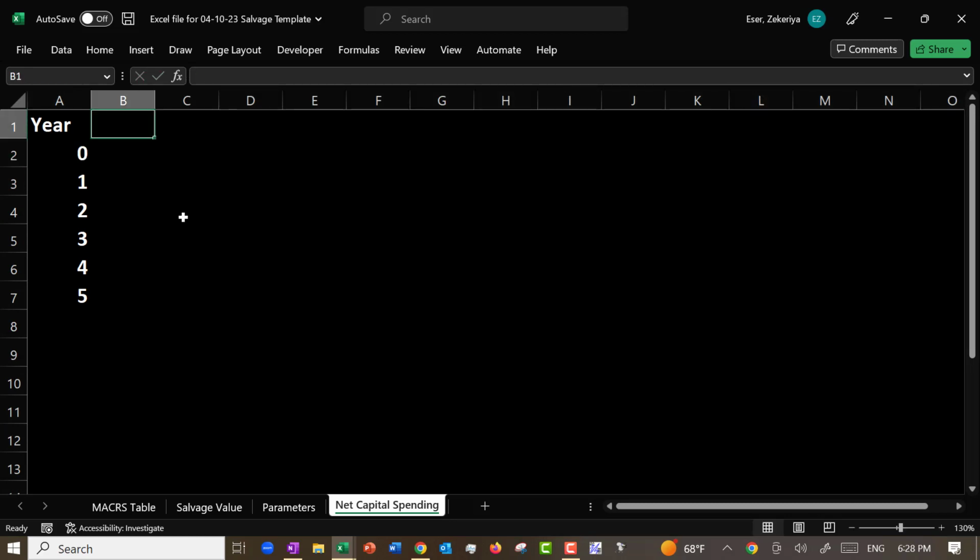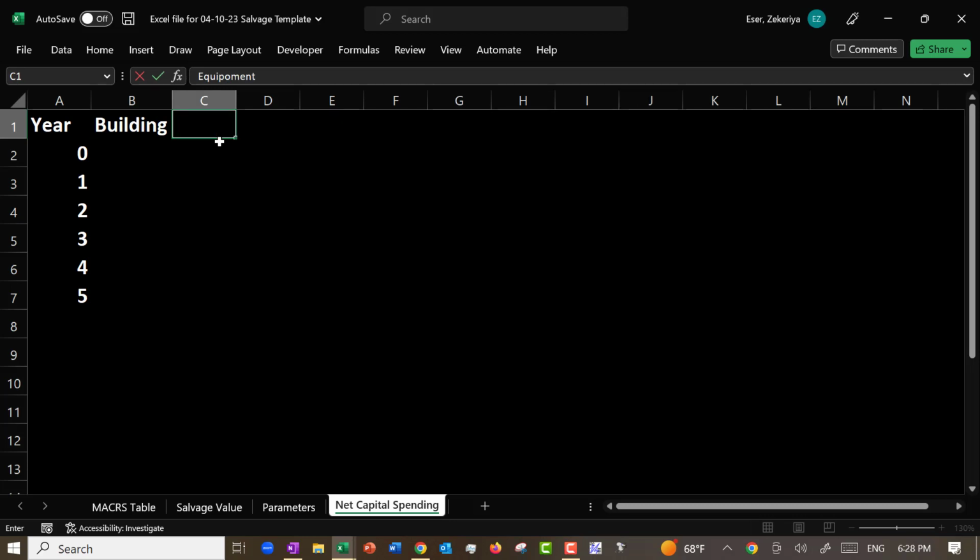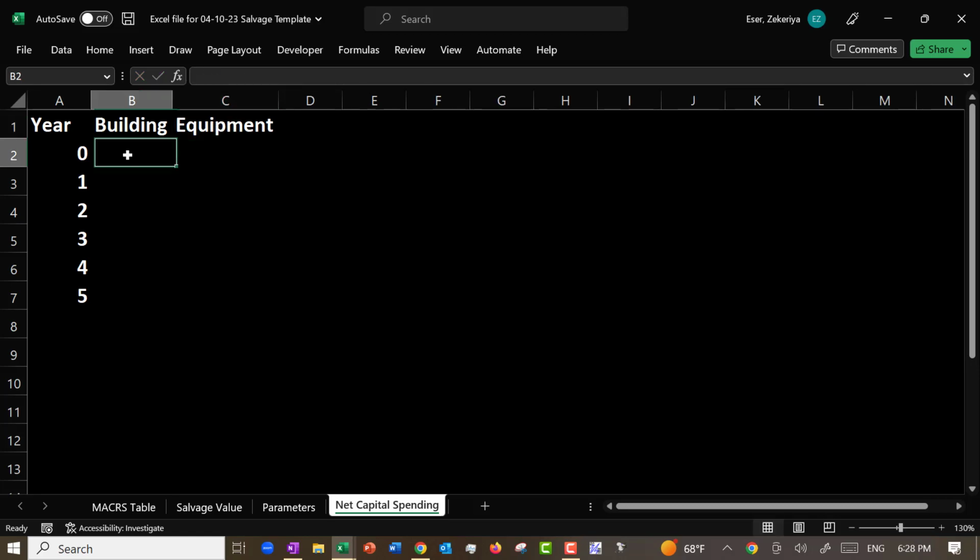So let's call this building, equipment. Okay, on year 0 and land, I'm spending $5 million on the building.